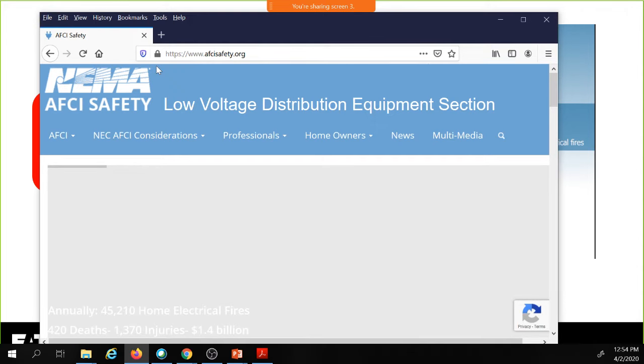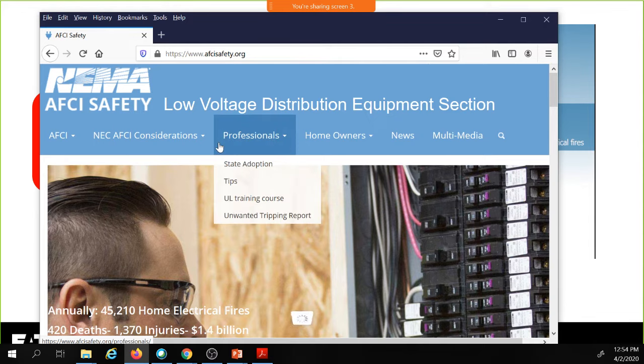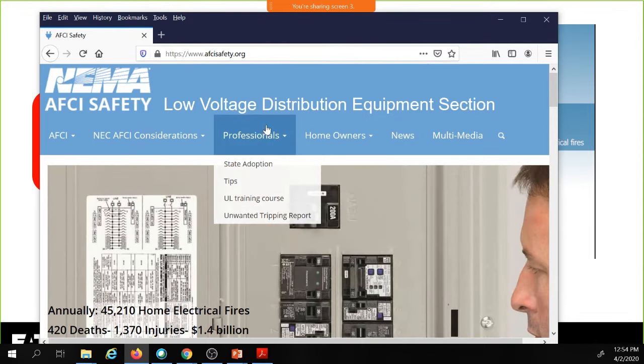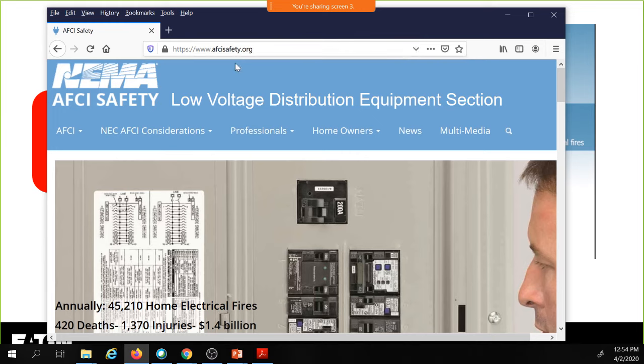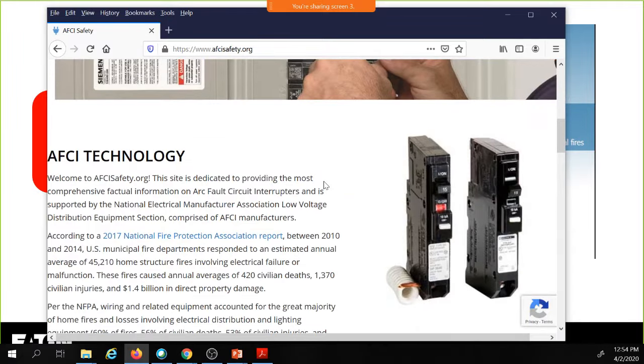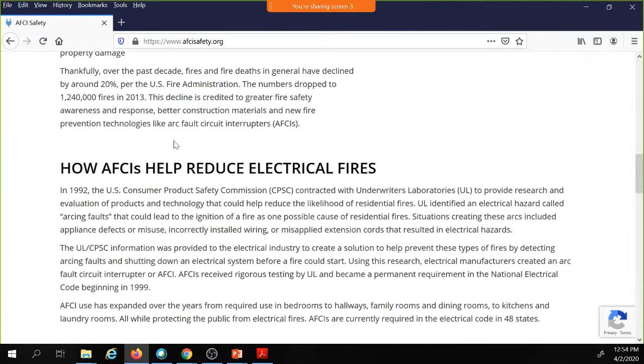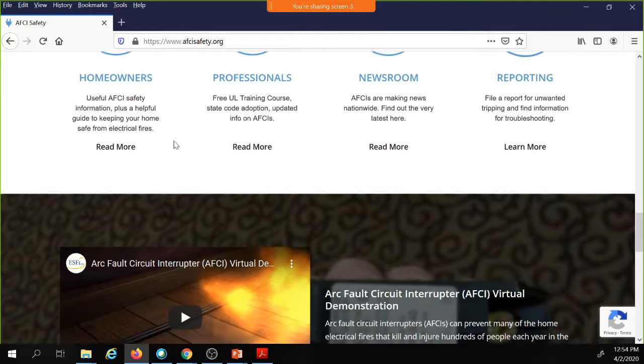There's a task group at NEMA with all of the manufacturers of the circuit breaker side of the family. The receptacle family has a similar site. But this is an important resource for you, because there's a lot of information up here that I'm talking about in this presentation about what AFCIs are and how the AFCIs help reduce fires.